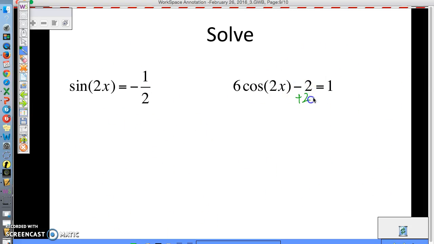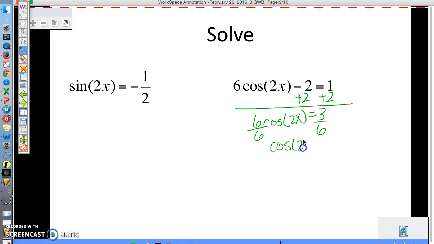So let's add 2. So 6, the cosine of 2x equals 3. Divide by 6, so that we have the cosine of 2x equals 1/2. So what are our angle measurements? Well, it's 1/2, and it's our cosine.